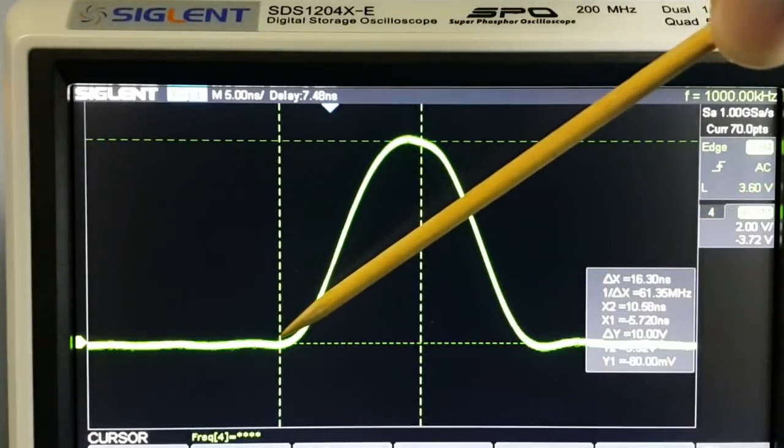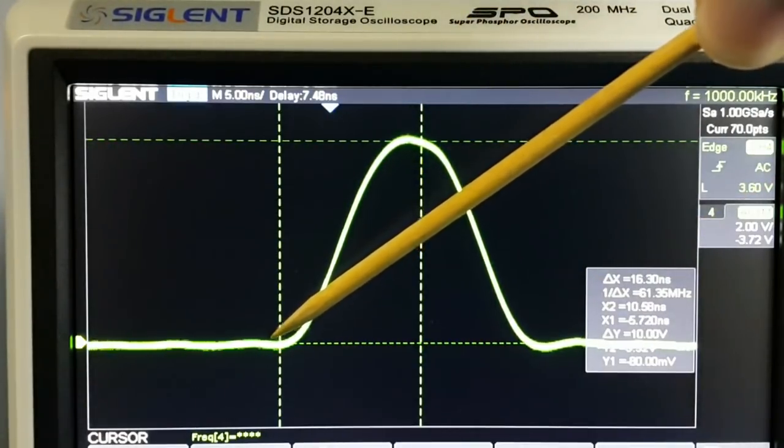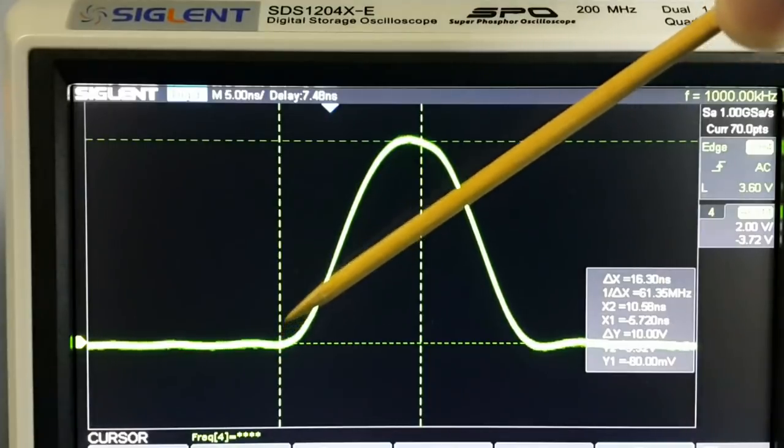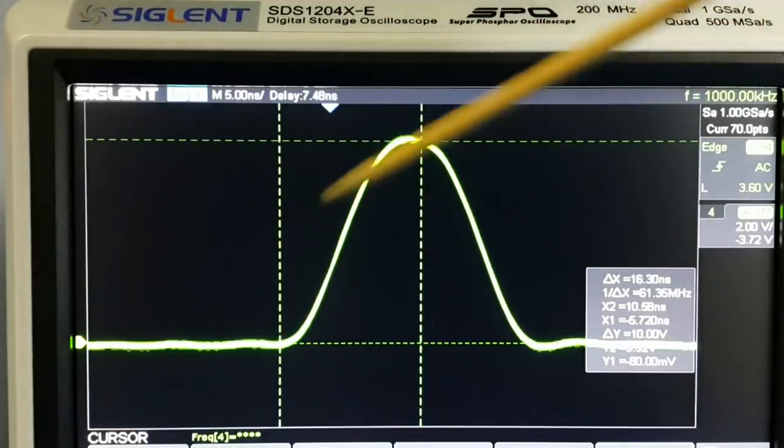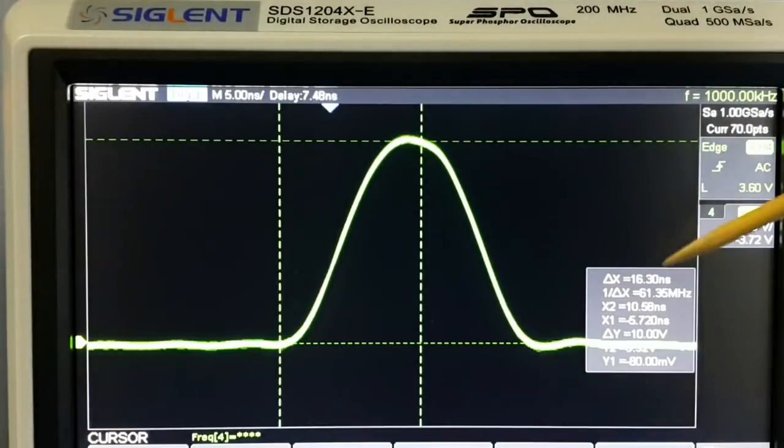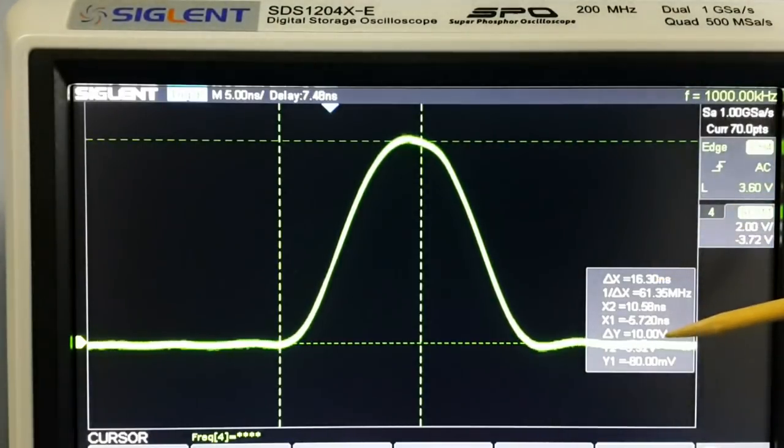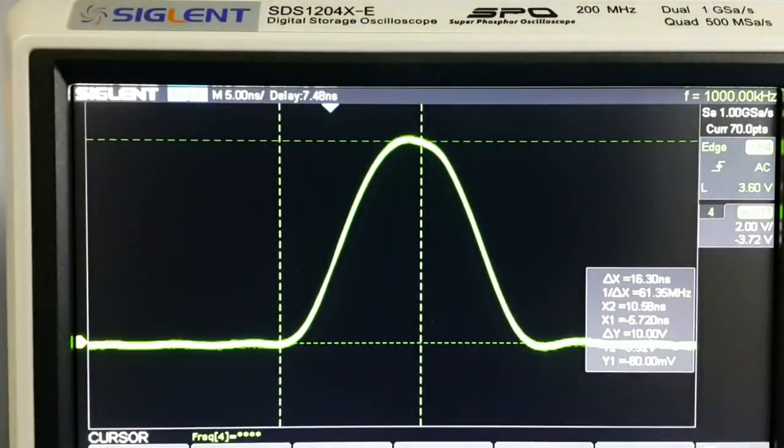Anyway, from 0, the initial point, to up there is a period of time of 16.3 nanoseconds for 10 volts peak to peak. If we apply the rule of leaving the initial 10% and the last 10% and we take 80% of it, maybe we can find in the slope the 8.4 nanoseconds rising time.